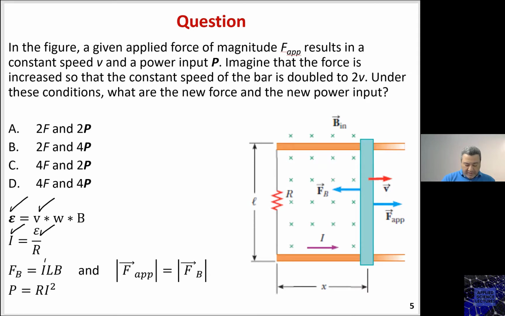If the current is doubled, then the force is doubled. So I have either A or B so far. Now, if the current is doubled and then it's squared, then the power would be 4 times the old power, which means the answer V is the correct one in this case.